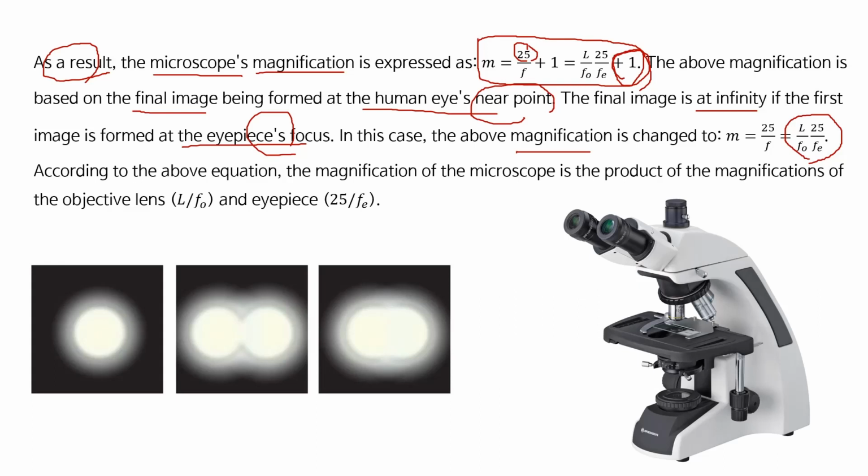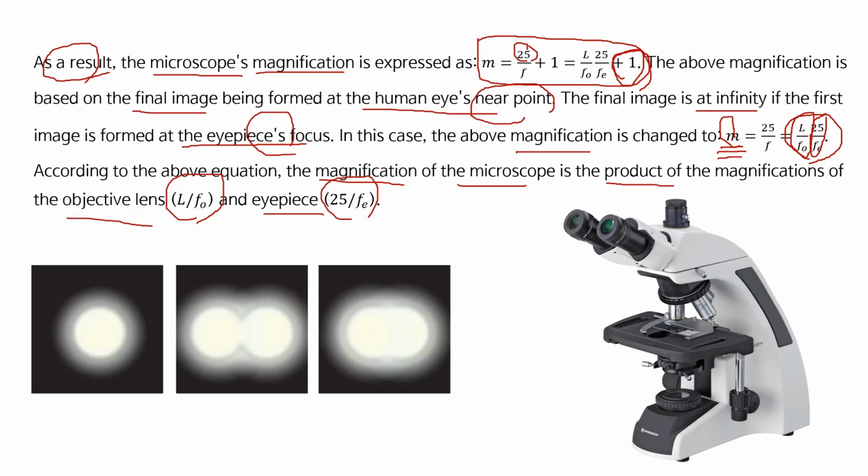According to the above equation, the magnification of the microscope is the product of the magnifications of the objective lens and eyepiece. So this is the magnification of the objective lens, and this is the magnification of the eyepiece. The product of the two magnifications gives the magnification of the microscope.